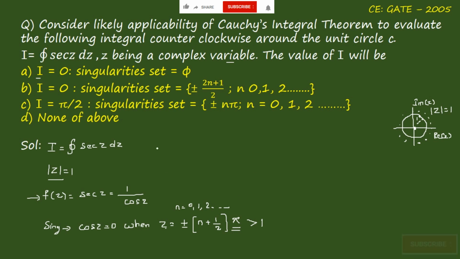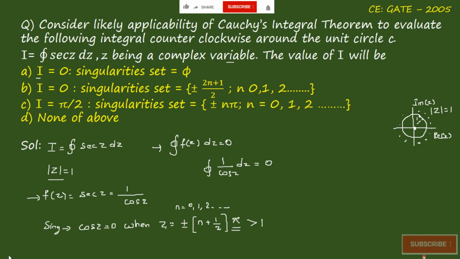So we know that when the poles are outside the unit circle, Cauchy's integral theorem states that integral closed curve f of z dz will be equal to 0. So we can say that integral 1 by cos z dz will be equal to 0, right?